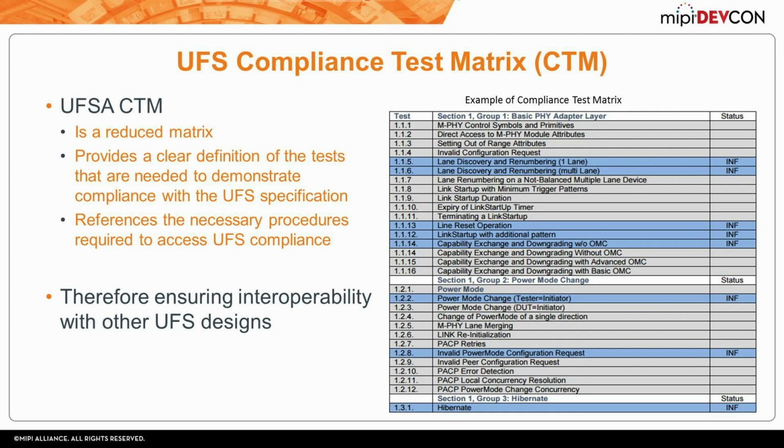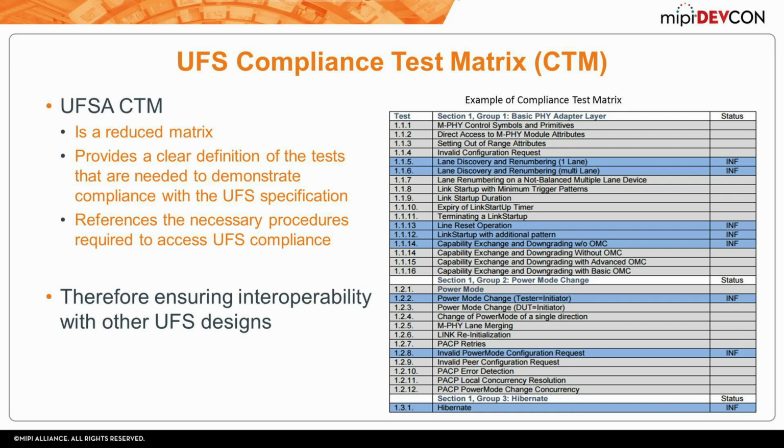And they did that by eliminating redundancy, for example, and also eliminating not required tests for the UFS solution. So the CTM provides a clear definition of which tests are required to achieve compliance, and also reference to the procedure itself, so you can achieve compliance and ensure UFS interoperability.